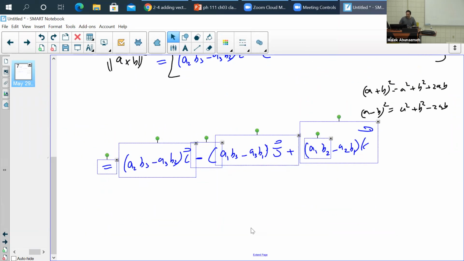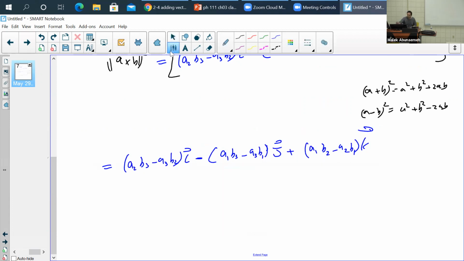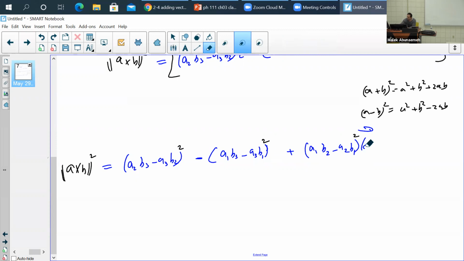See this? All right. So A cross B squared, you get all of this squared. We're going to square this one, and square this one. Okay, let me actually take these out. It's easier to write it that way.